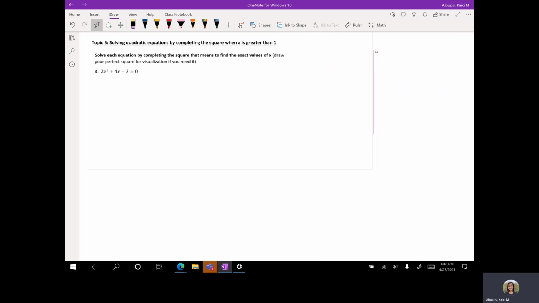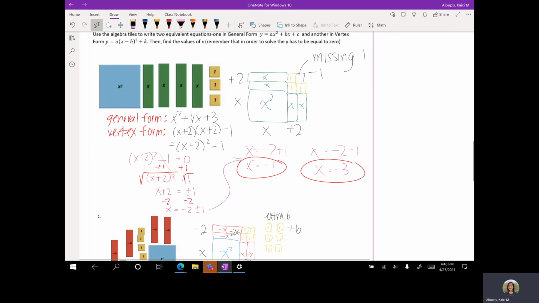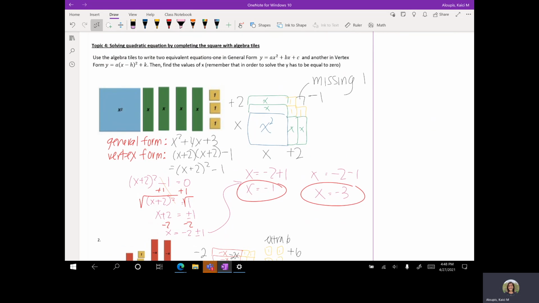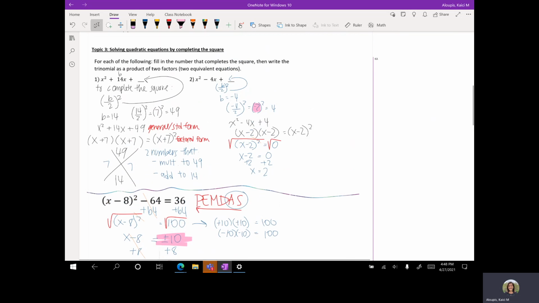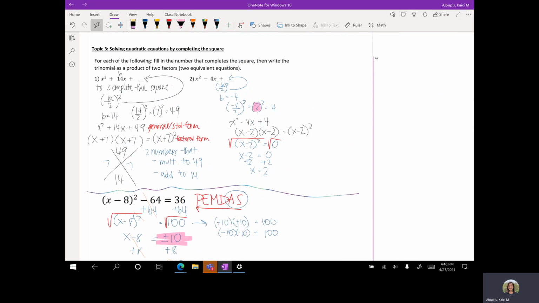I'm kind of rushing through because I have to leave soon, but we're almost there. Solving quadratic equations by completing the square when a is greater than 1. Before these problems, a was equal to 1 because we only had one blue tile. The value of a, what's being multiplied to our x squared term, was always 1.